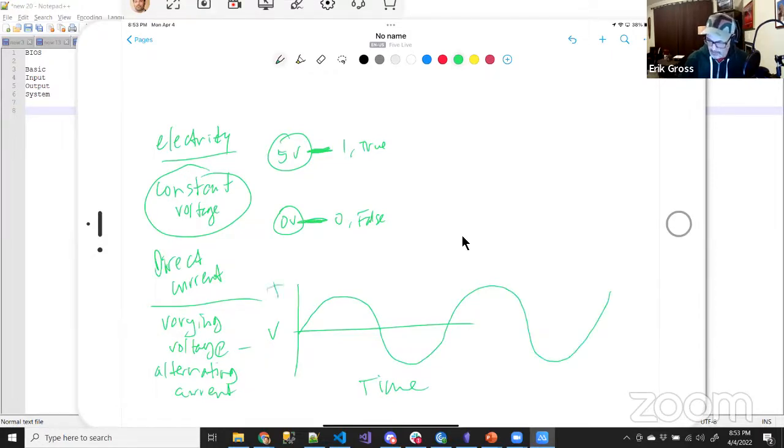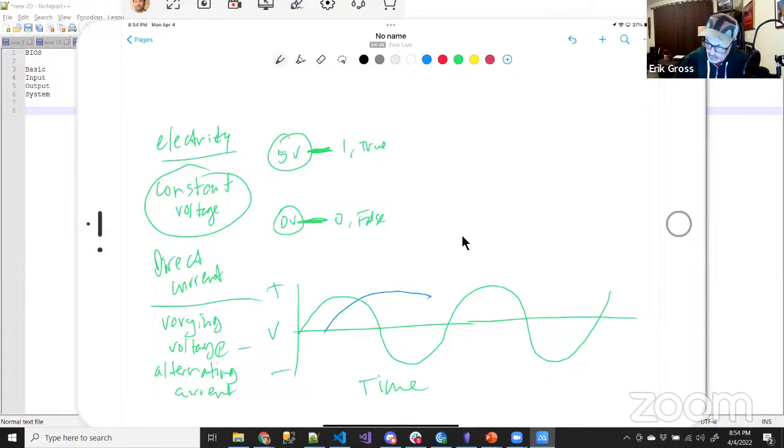It's got a positive part to it and a negative part to it. This is just one example of what it might look like. And this is actually kind of what the electricity coming out of your wall looks like. It goes up and down and up and down and up and down.